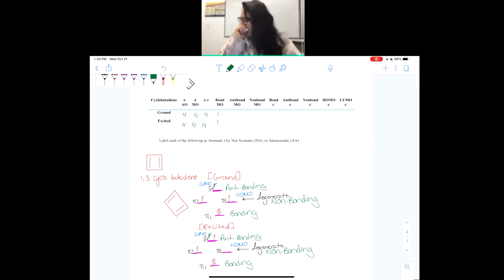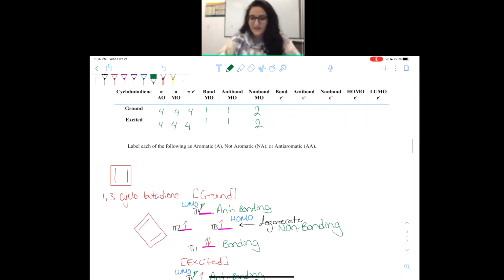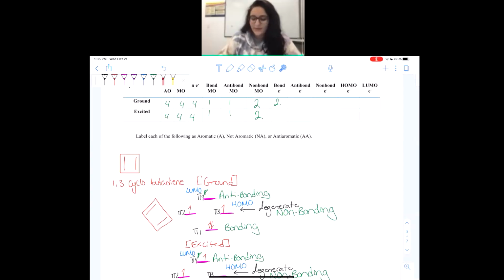And antibonding? 1. And non-bonding? 2, exactly. And then in the ground state, how many bonding electrons do we have? Ooh, okay, I got 2 different answers. So yes, we would have 2, because remember in this case, only the bottommost energy level is bonding.